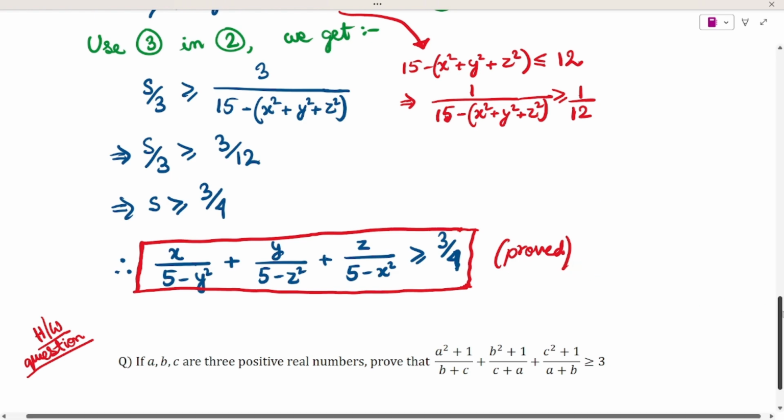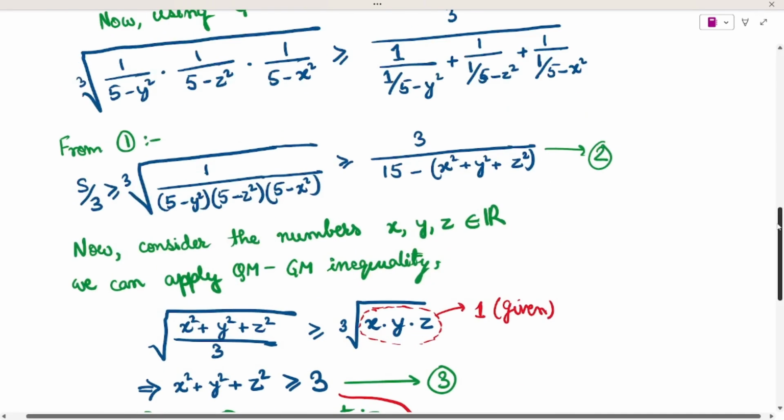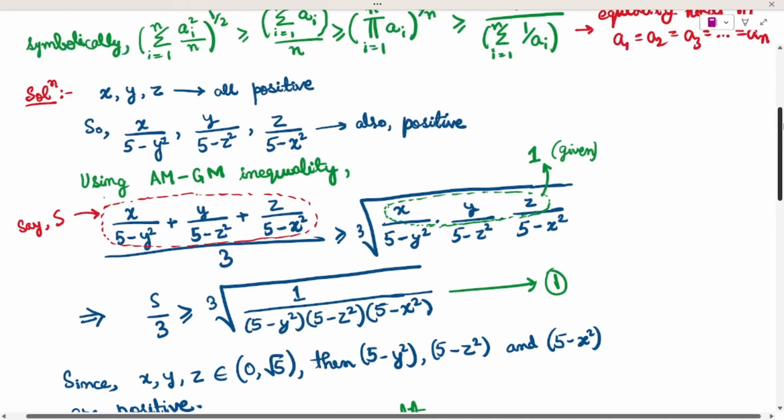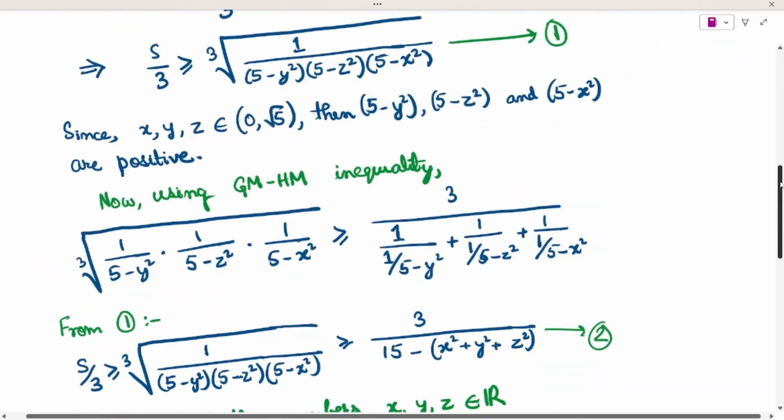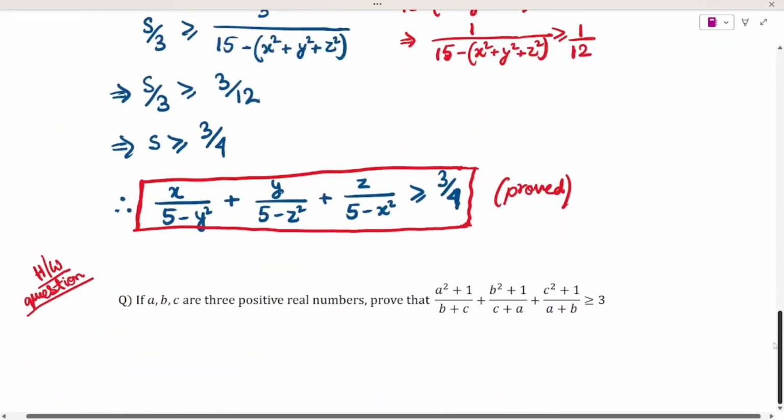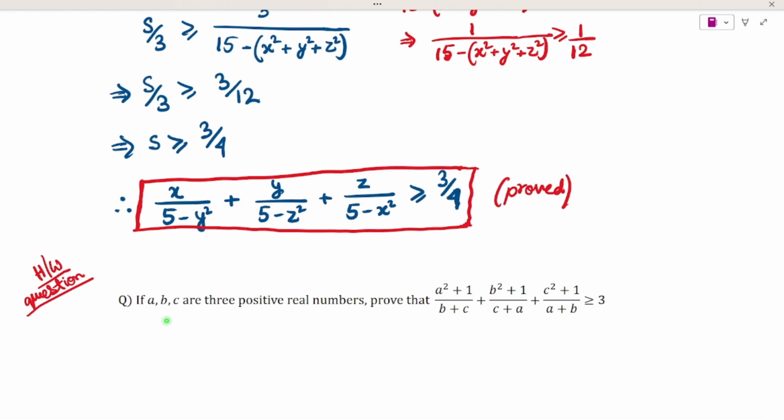Now, since we learned this concept today, I would like all of you to try and practice a homework question that I'm giving you now, which I'm reading out for you. If a, b, c are three positive real numbers, then prove that a square plus 1 by b plus c, plus b square plus 1 by c plus a, plus c square plus 1 by a plus b is greater than equal to 3.